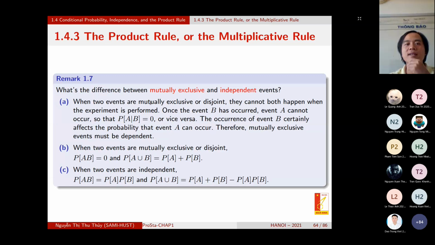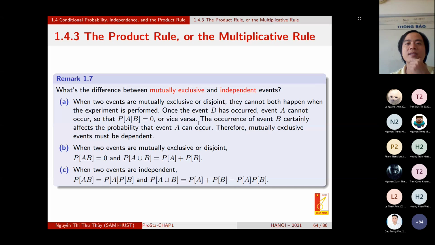When two events are mutually exclusive, or disjoint, they cannot both happen. That's the definition of mutually exclusive events. So once the event B has occurred, the event A cannot occur, so the probability of A given B is 0.